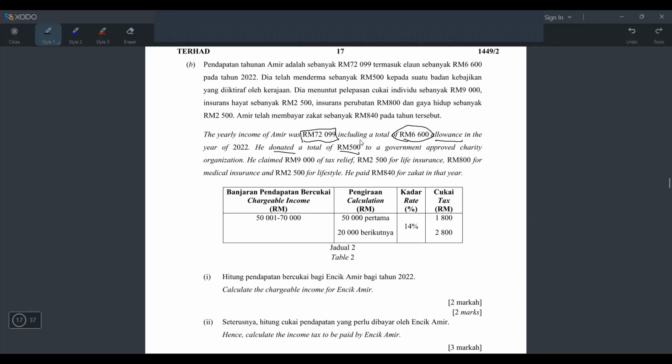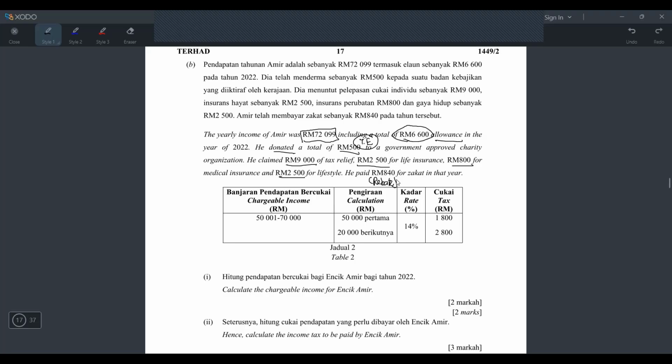And remember, donation is tax exemption to a government-approved charity organization. He claimed 9,000 tax relief. So this is the tax relief. 2,500 life insurance, also considered tax relief. 800 medical insurance, also considered tax relief. 2,500 for lifestyle, this is also tax relief. And then he paid 840 for zakat in the year. Okay, 840 is a rebate.